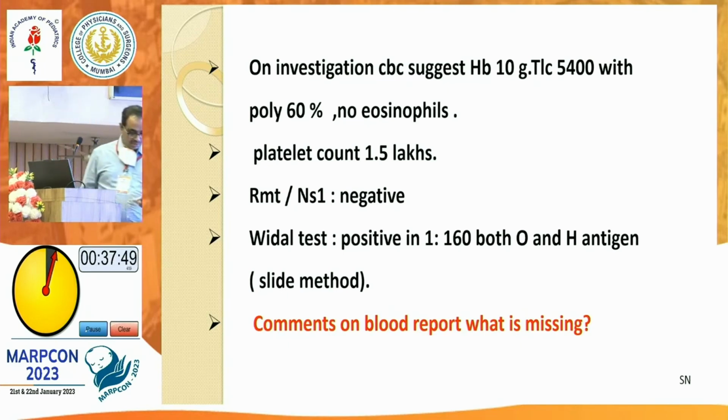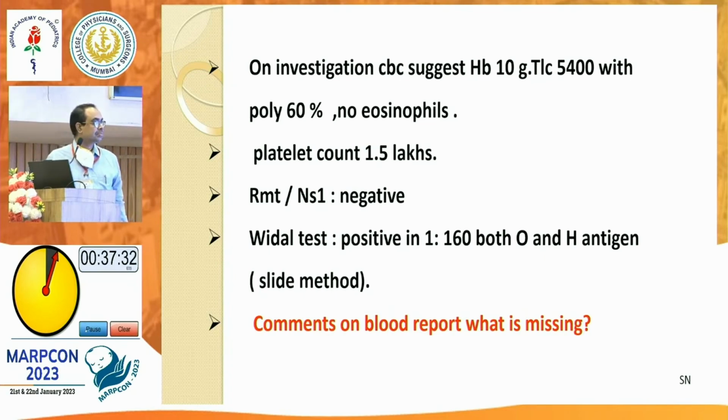Sir, this baby is having hemoglobin of 10, mild pallor. Total leukocyte count is 5,400, suggestive of leukocytopenia. There are no eosinophils.